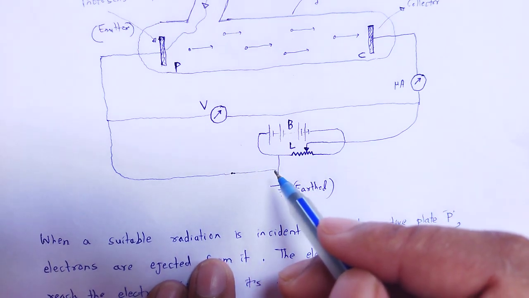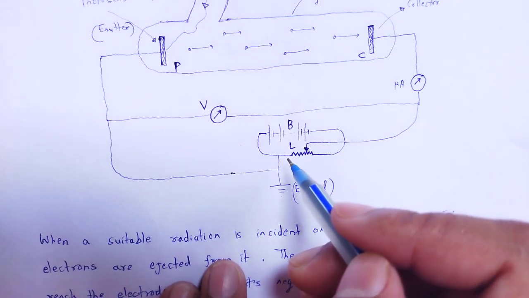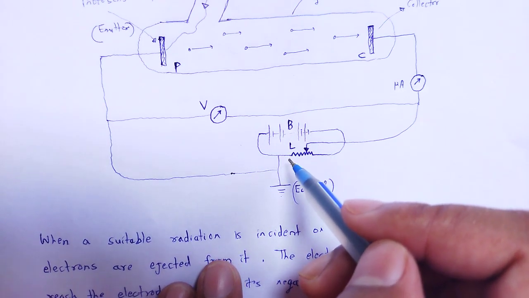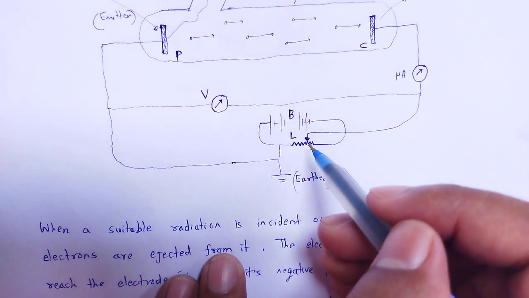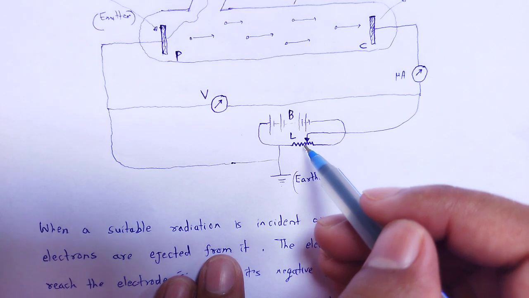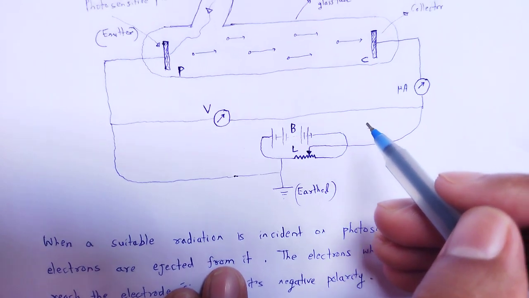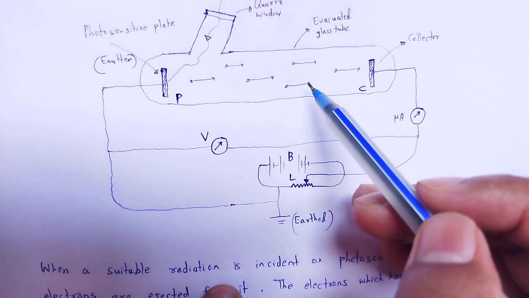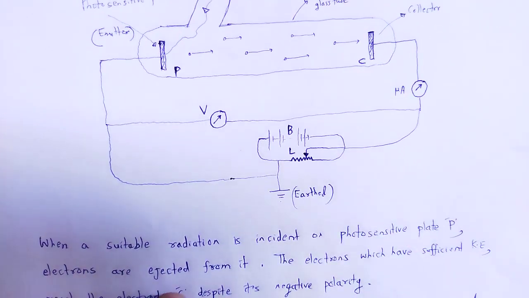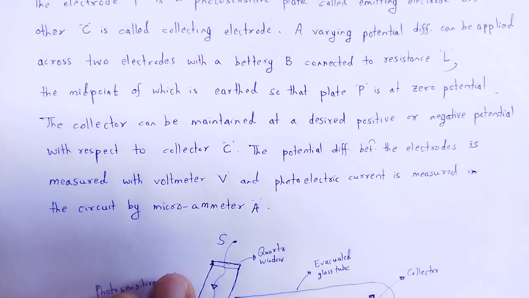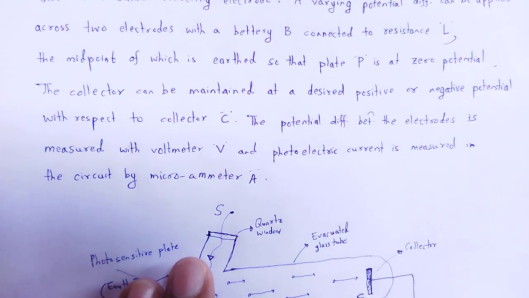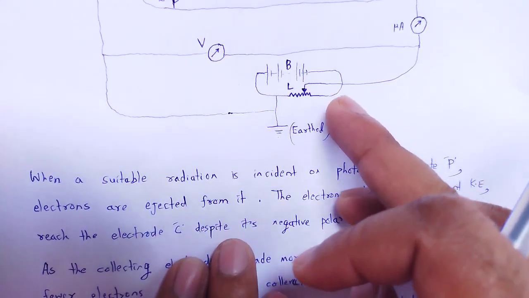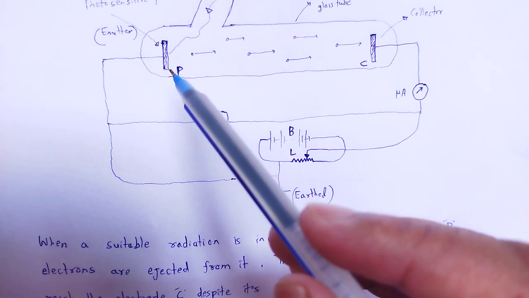According to Ohm's law, there will be a drop of potential, and that potential drop is varying in nature. So that midpoint is connected to this. First, the potential difference between these two electrodes is 0. So the plate P is at 0 potential.